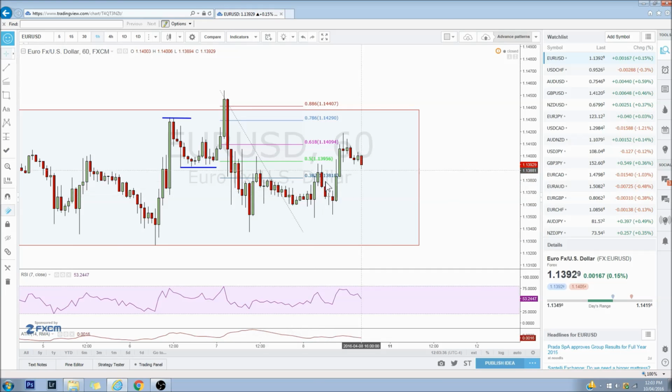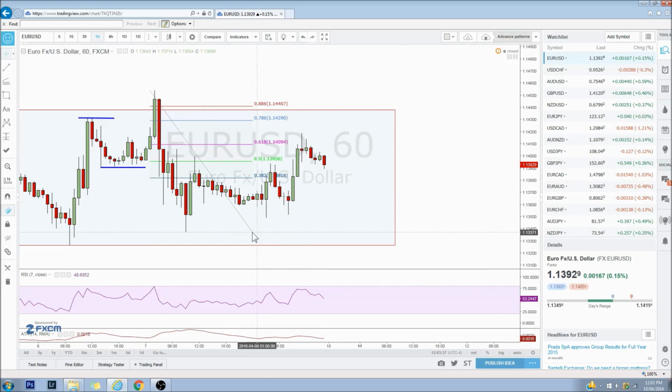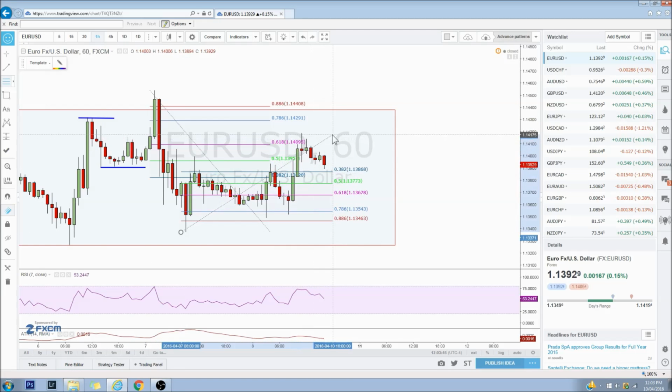Okay, let's delete this and see what happens if we use now this portion of it. So here we have a 618. What we need to have happen is a close past the 618 here, which then we can possibly find the Gartley here and here.